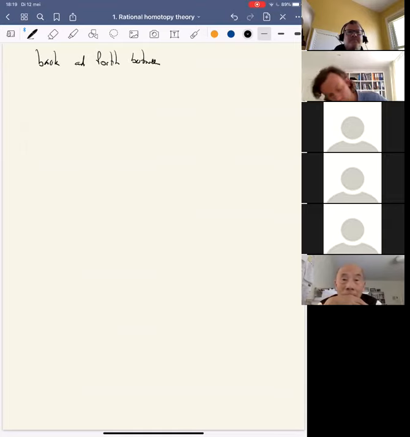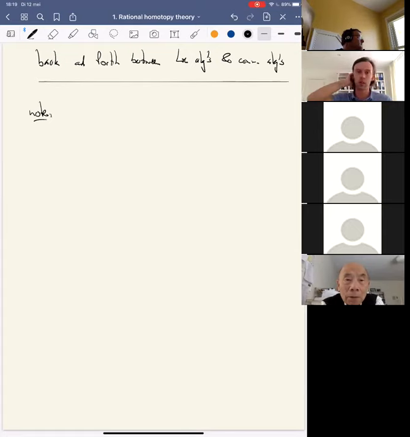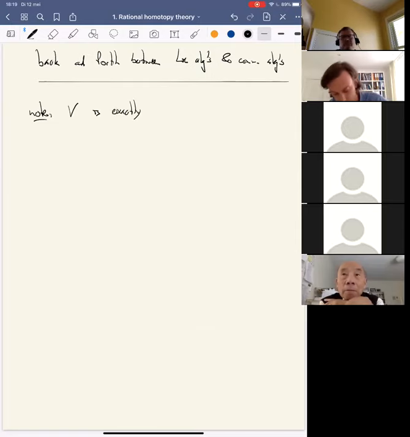All right, so I want to talk a bit about this back and forth between Lie algebras and commutative algebras. One thing to note about this statement: I said the rational homotopy groups corresponding to a minimal model are just the vector space V. One way to interpret V is as the generators, but I really want to think of it as the indecomposables, which for free algebras is the same, but in general it's not.